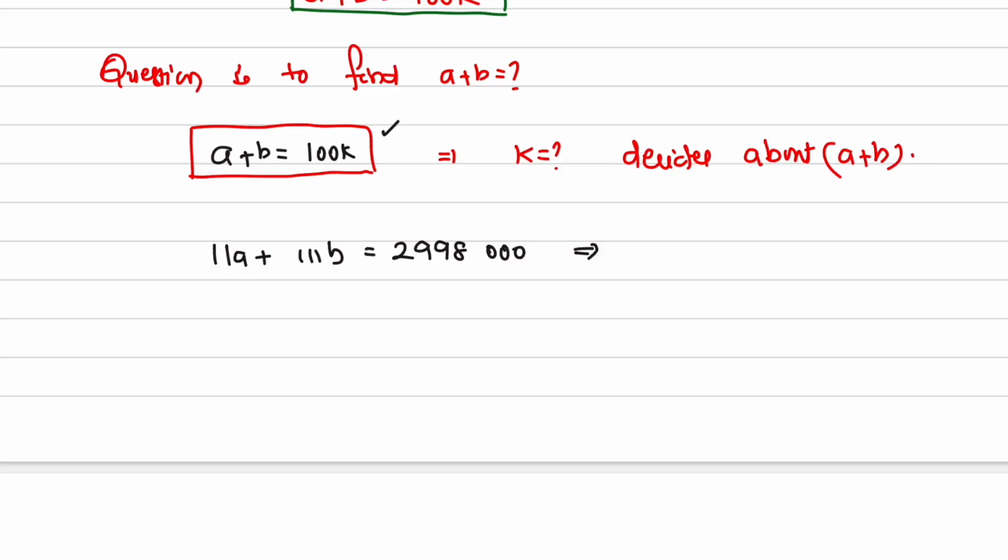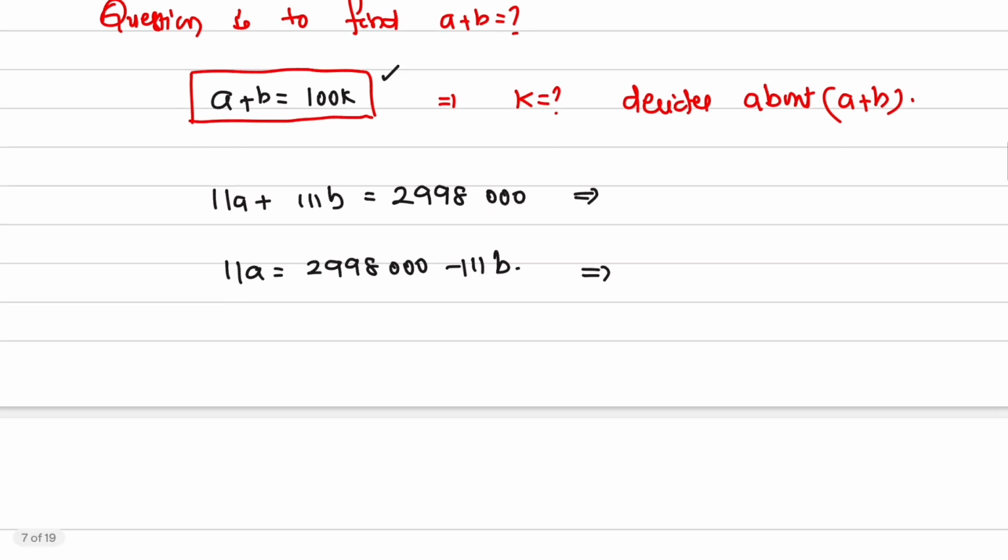We have got 11a plus 111b is equal to so and so. That means 11a is equal to 2998,000 minus 111b.